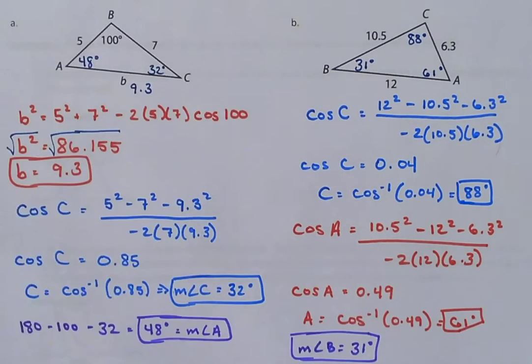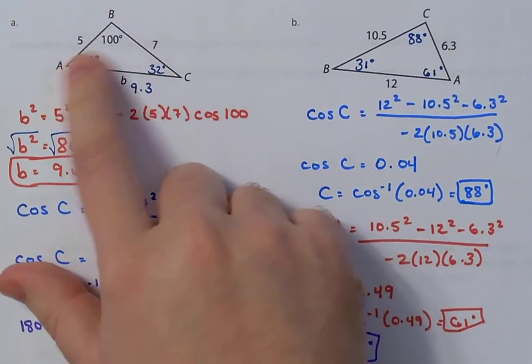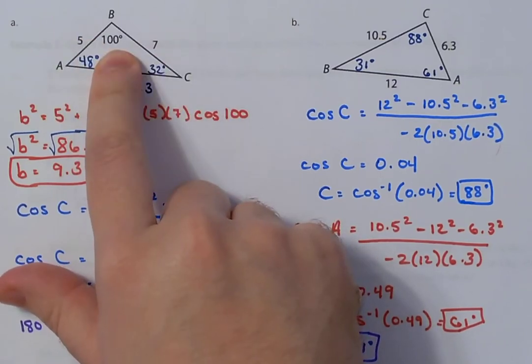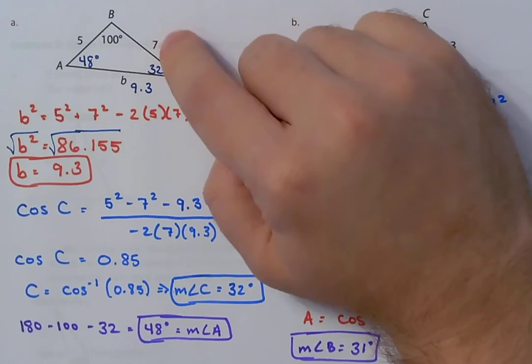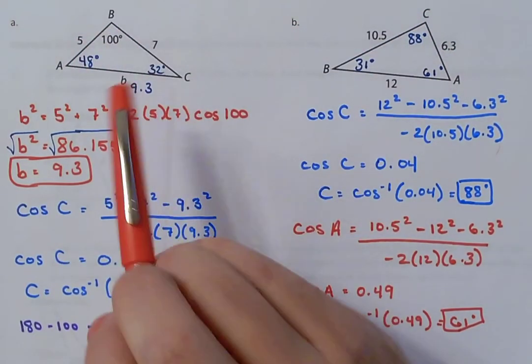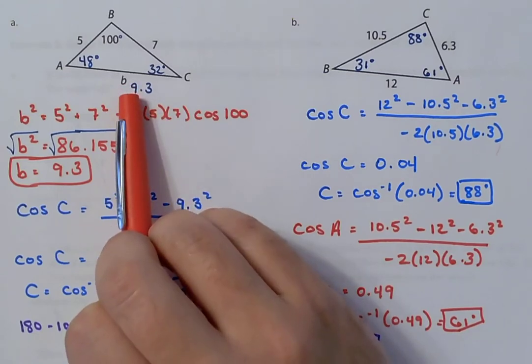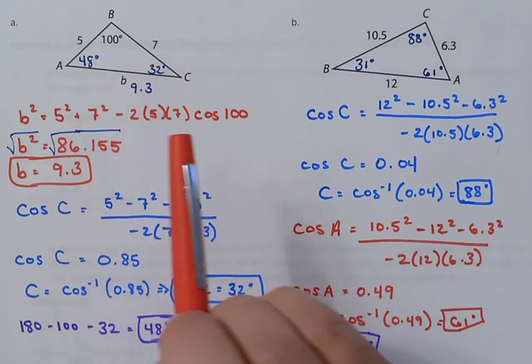So example 1, part A, is what you need to reference when they tell you 2 side lengths and 1 angle measure, and how you go through and solve that. Just as a refresher, if you're given 2 side lengths and 1 angle measure, you need to find the third side length, then you can find the angle measures.